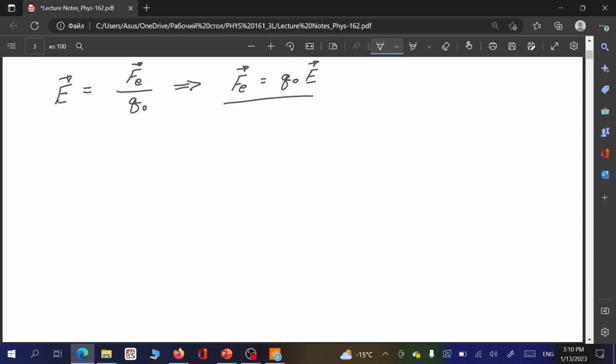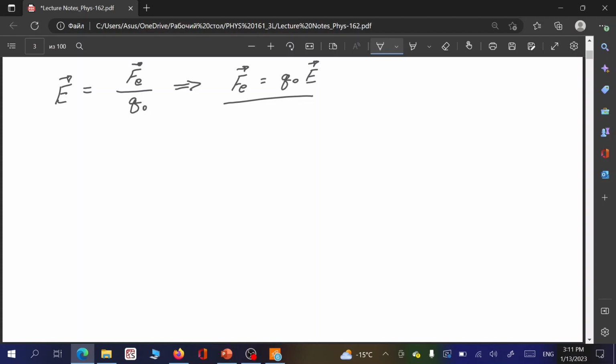So this is a very useful equation, which gives us a simple approach to quantify the electric force vector exerted on a test charge Q naught, which is placed in some point with electric field vector E. If we know the electric field vector distribution, and obviously we know the electric charge of the test charge, no matter where we place this charge in the electric field, we will know the magnitude and orientation of the electric force exerted on this charge.